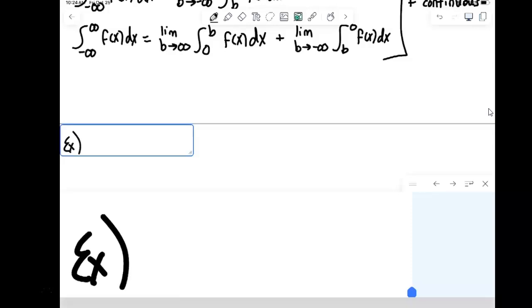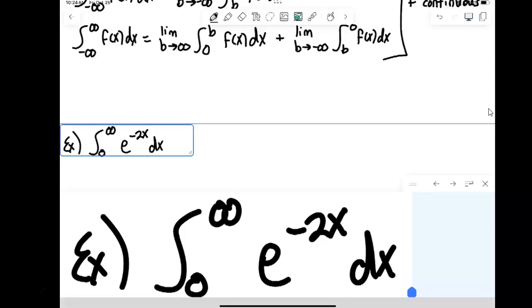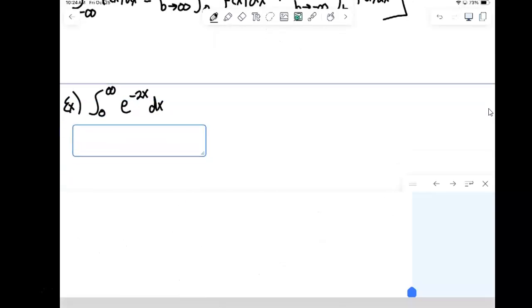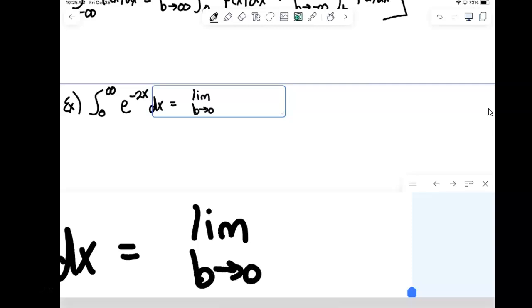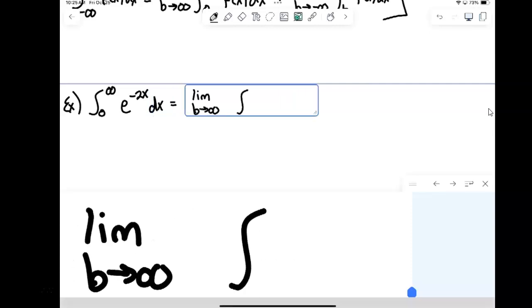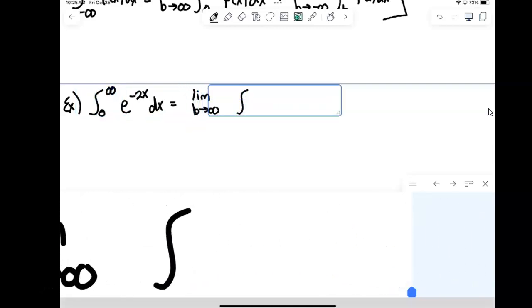This time we want to do the integral from 0 to infinity of e to the minus 2x dx. Okay. So let's do that. That would be limit as b goes to infinity of the integral. I'm going to leave a little space there because I'm going to account for my substitution step here.